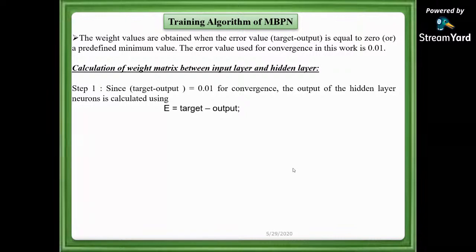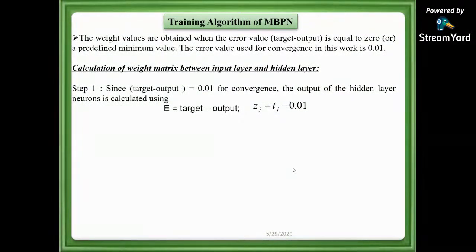Right? Then from that, I can find out what is my ZJ. What is my ZJ? Which layer's weight am I going to calculate? I am going to calculate the weights of the hidden layer. What is the output of the hidden layer? ZJ. You can refer to your BPN later. ZJ is the output of the hidden layer. YK is the output of the output layer, right?